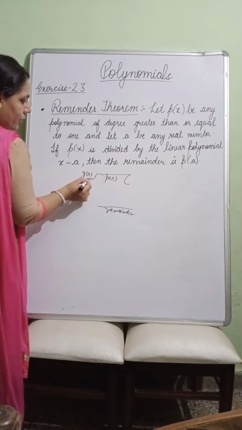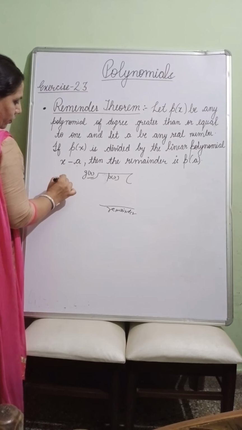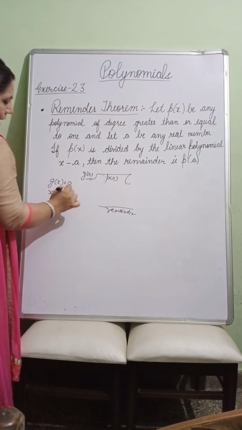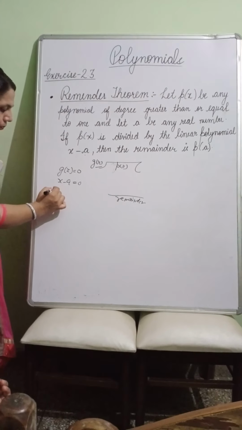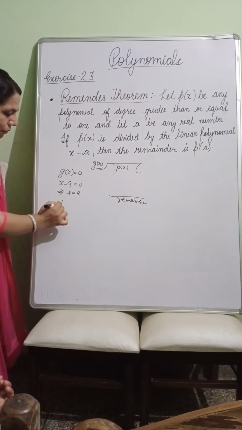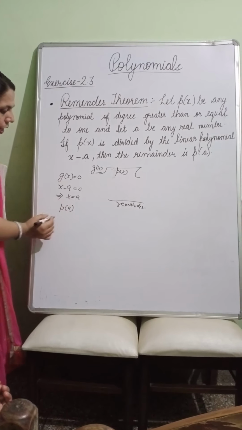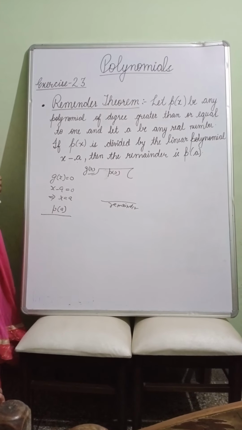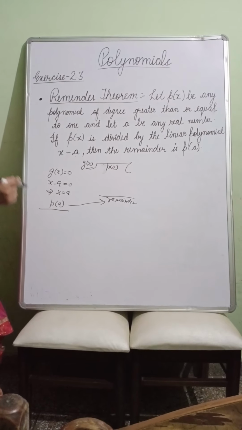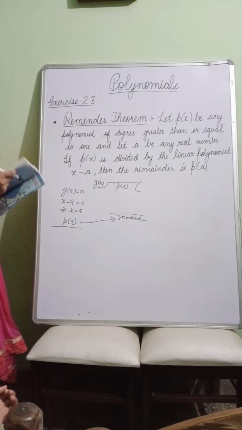We just equate g(x) equals to 0. So what is our g(x)? x minus a. This is equal to 0. This implies x equals to a. So we find P(a) and that value will be the remainder of P(x). Is it clear, students? Okay.